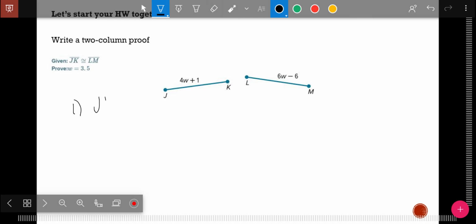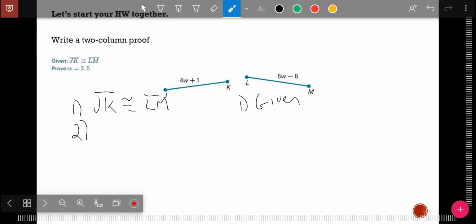So segment JK is congruent to segment LM because that was given. Technically, I should probably write all 3 as the given because it really is giving you that in this picture.